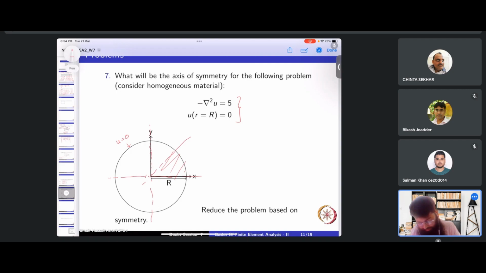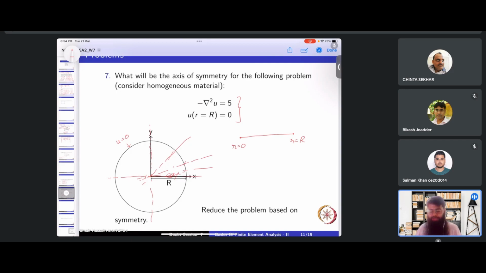Here again, we can take symmetry about this axis, and we'll be left with this. Again, we can take symmetry about this, and we'll be left with only this area, and we can keep on going until we are left with a line starting from r equals 0 to r equals capital R.